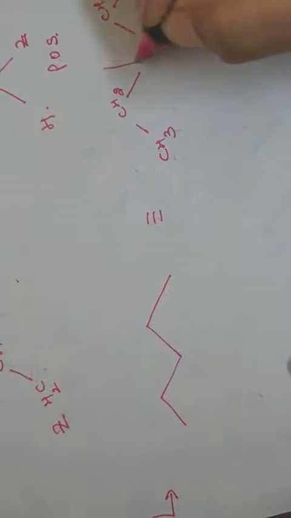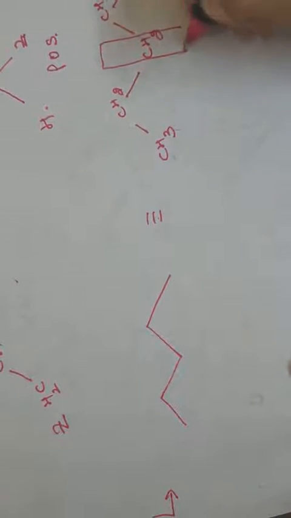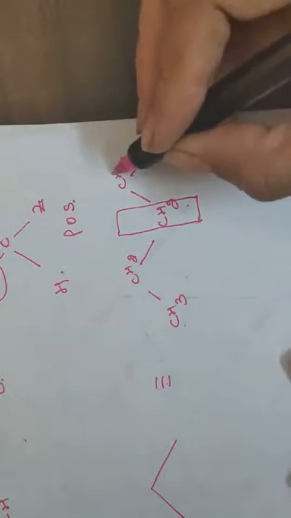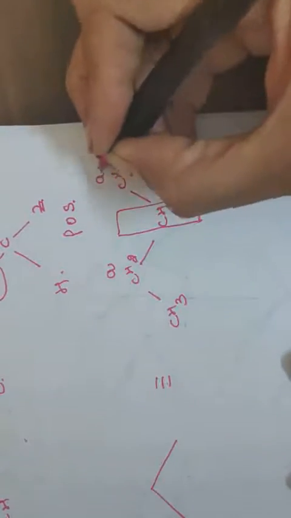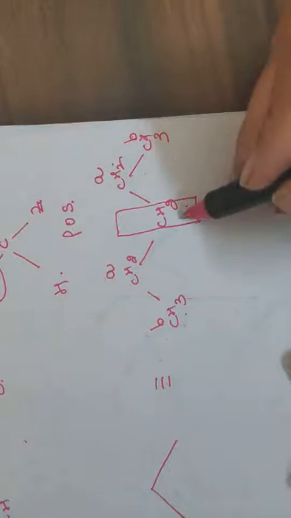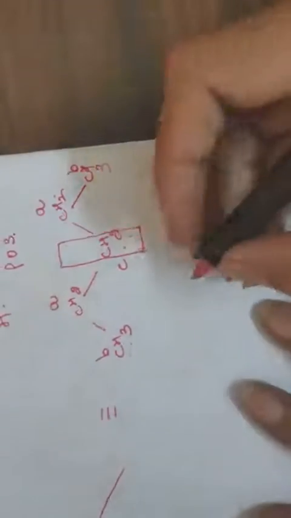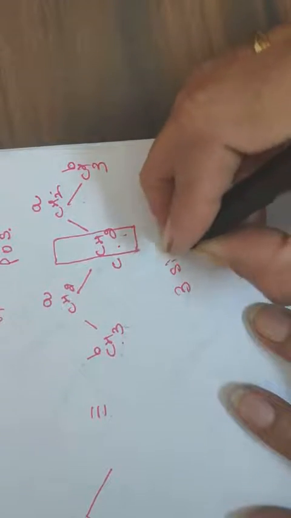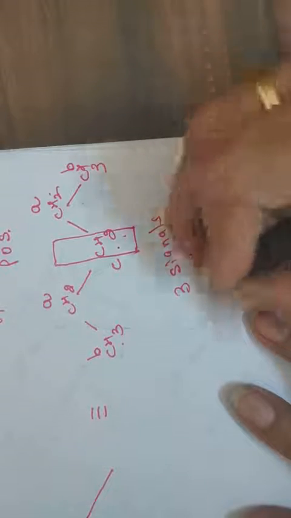Let us suppose a mirror plane is present here. Then this and this are mirror images of each other. So if these are A protons, these will be A protons. Similarly, these 3 protons will be similar to these 3 protons. And these 2 protons will be similar. So this is C. How many signals will be there in the NMR spectrum? It will have 3 signals.